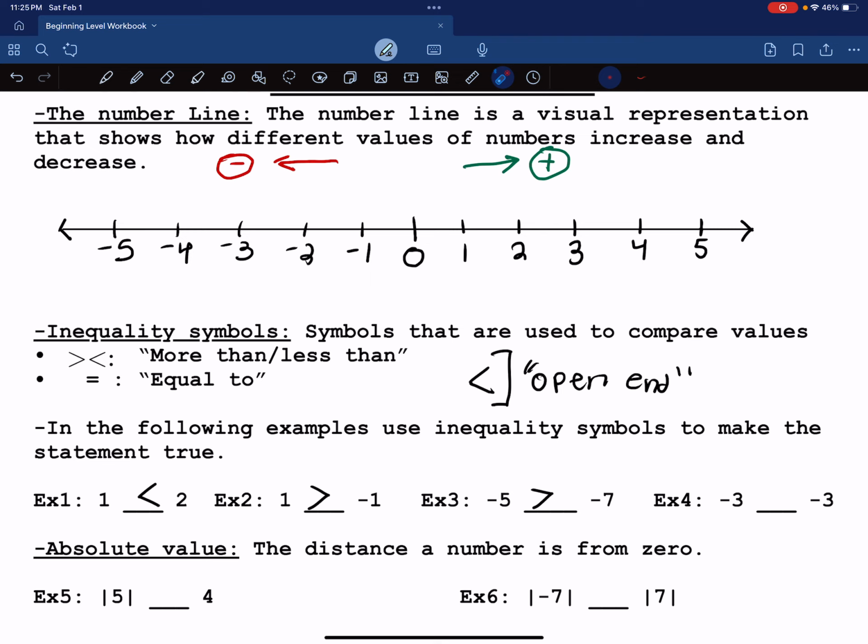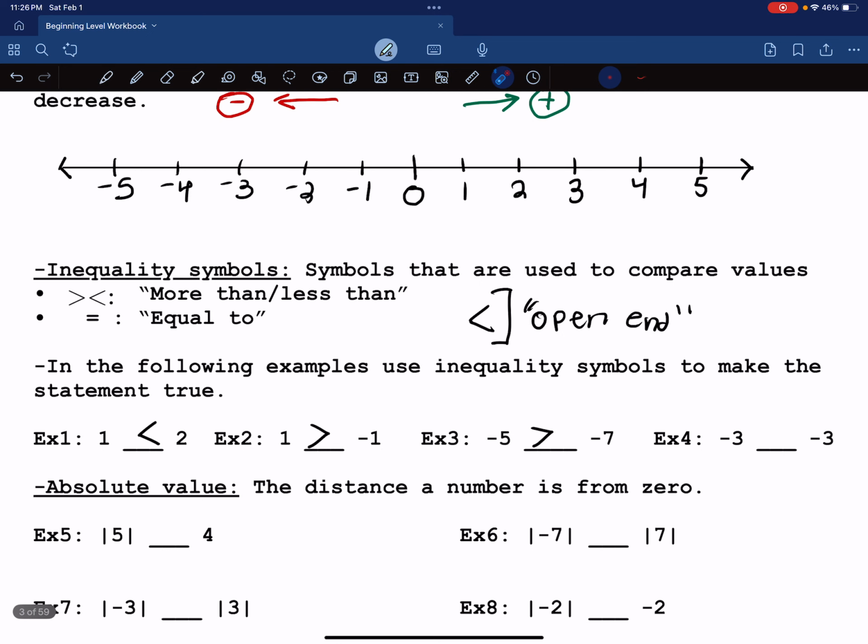The more and more right we go on the number line, we're going to have larger positive numbers. But when we go to the left of the number line, the more and more left we go, the smaller our numbers get. So in this case, -5 is here, and -7 will be over here. And -5 is closer to 0 or closer to the positive numbers than -7 would be. So that is one way to think about it.